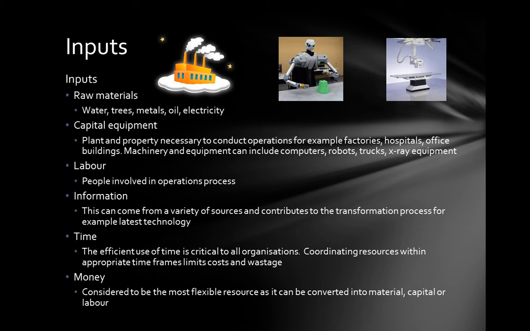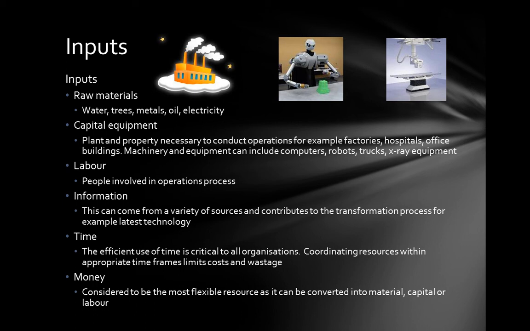Inputs. Inputs are the resources used in the process of production. Some resources are owned by the organisation, while others are from suppliers. Inputs differ between manufacturing and service organisations. You can divide inputs into 6 categories.